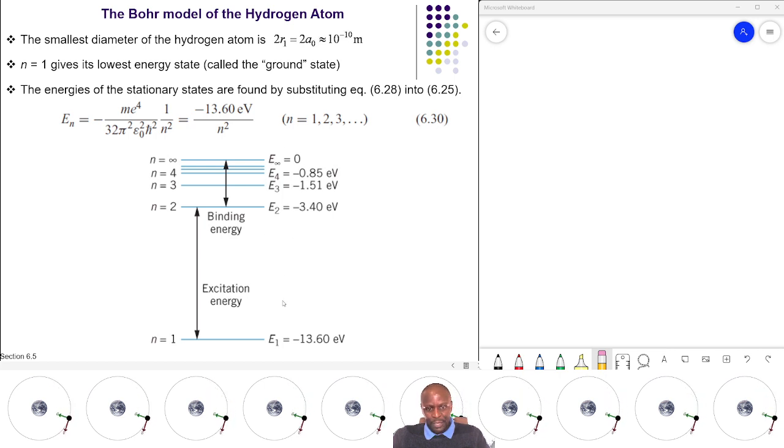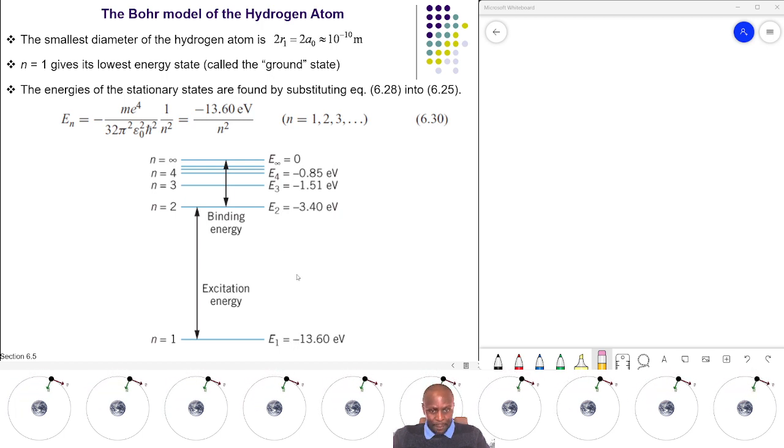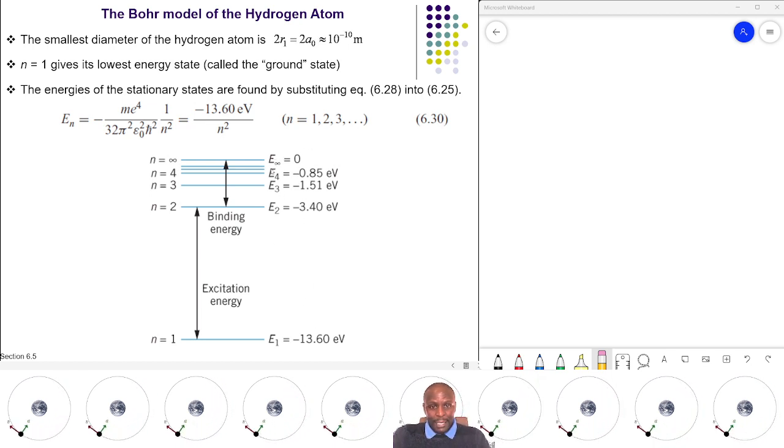The values of the energy go up like this, from negative values to 0. And I'm sure you also understand that the energy at E infinity is equal to 0. That is very simple to denote.